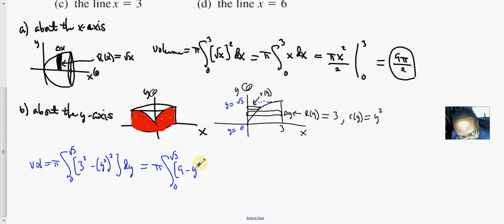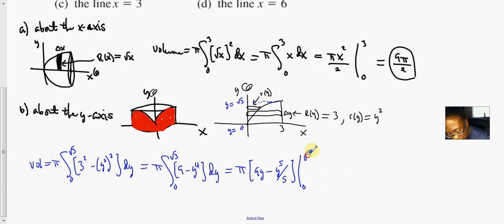So now we integrate, we get pi times 9y minus y to the 5th all over 5. Evaluate that from 0 to the square root of 3.